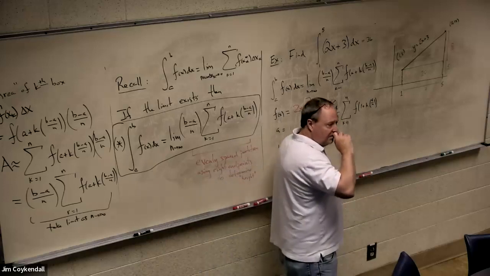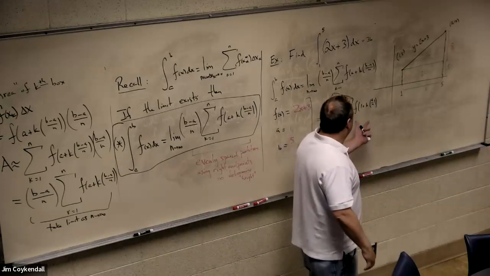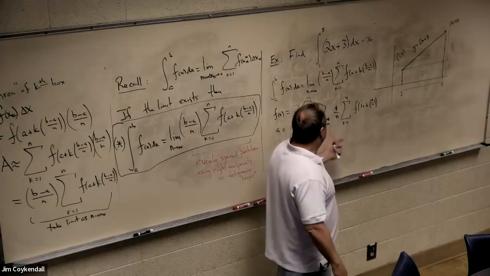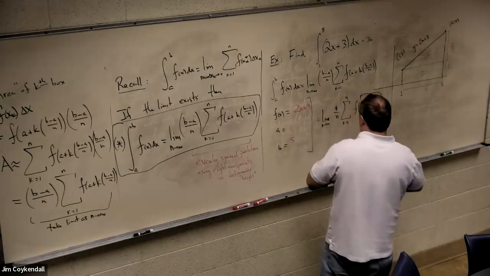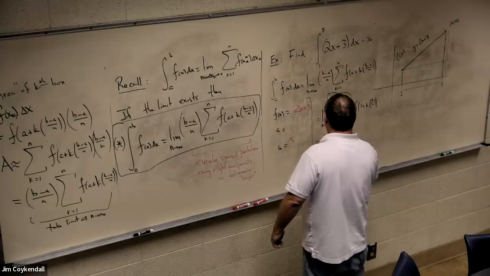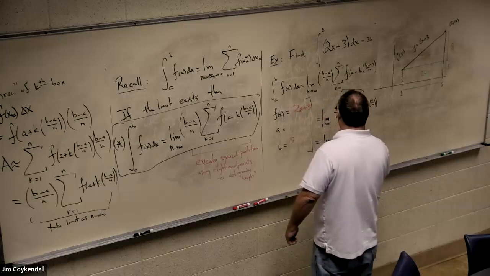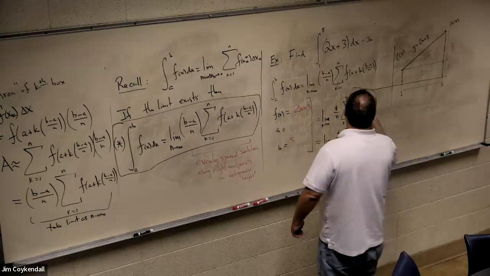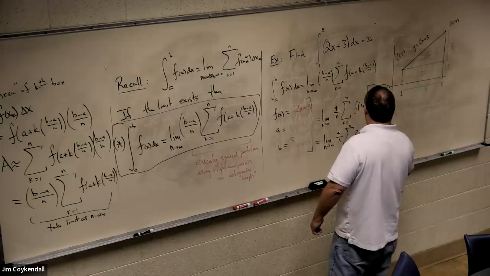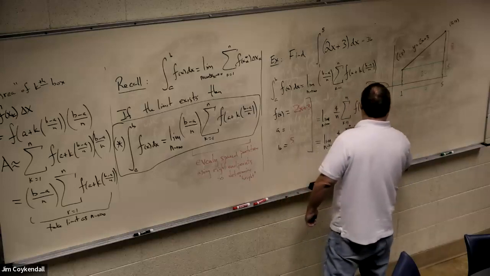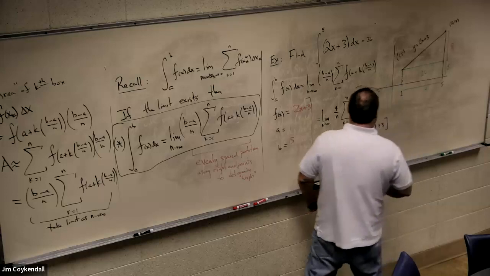Now what I've got to do is plug this into the function. My specific function is 2x plus 3. So that means double that and then add 3. So this is double this, so this is 2 plus 2k times 4 over n, plus 3.